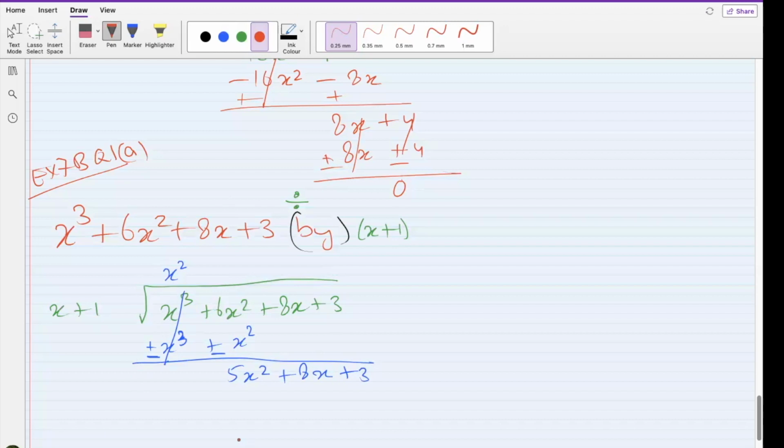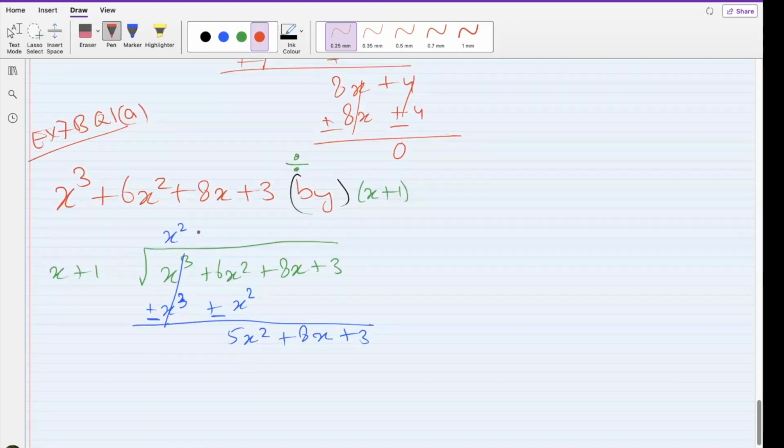Next step. To get 5x square, we multiply it with 5x. X into 5x to get 5x square. This is 5x square. Then 1 into 5 is 5x. We change the signs and subtract.